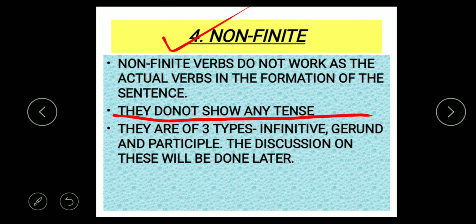That means, apparently, by the sentence we cannot understand which form it is in. As I have already shown you, there are 3 subdivisions of non-finite verb: infinitive, gerund and participle. And this discussion we will have in the later session.